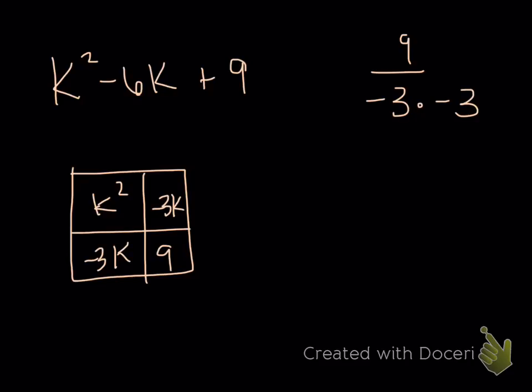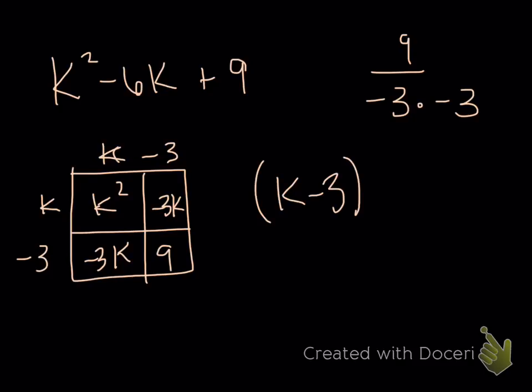And now I find the outside, so this will be a k and a k, and this will be negative 3 and a negative 3. So this factors down to be the quantity of k minus 3 squared. So you might have written out k minus 3, k minus 3. Since there's 2 of them, I condense it and say it's squared.